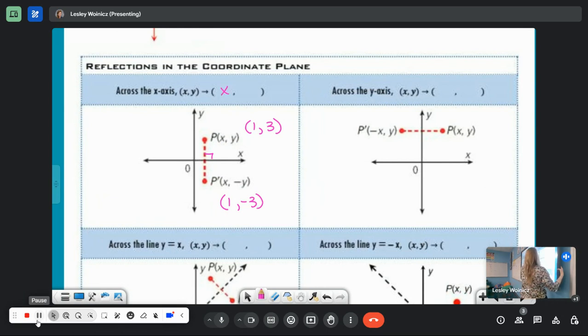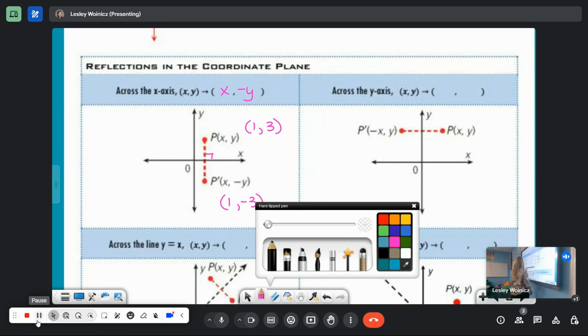What did we do to the y? It went from positive to what? Yeah. So we just make the y negative. Done. Didn't have to memorize it. All I needed was a little point to do a test on. You don't have to memorize these. For some of you with limited working memory like me, it's an exercise in futility to try.